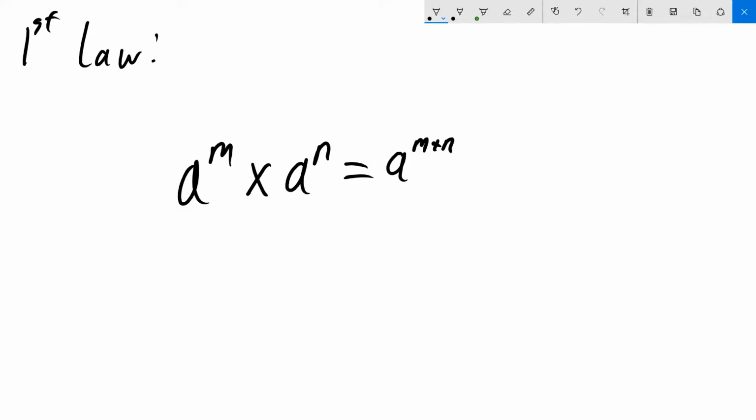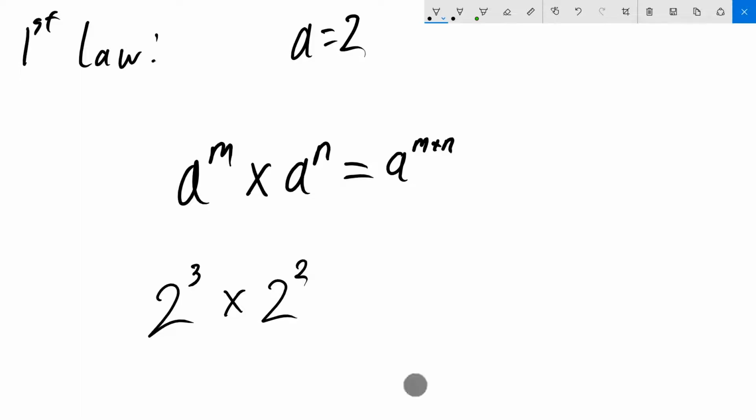Okay, so how does that work? Well, it's best to look at an example and why this works. So a is some sort of fixed variable. Let's just say that a is equal to 2 for the time being. So if I had 2 to the power of 3 times 2 to the power of 2, what's that?